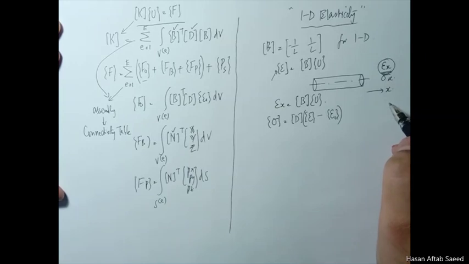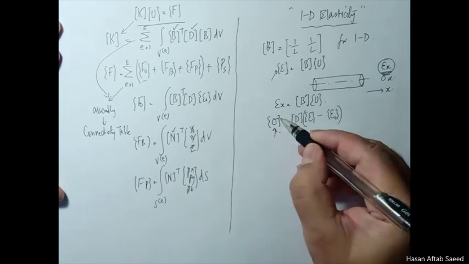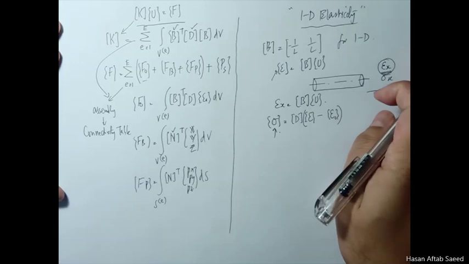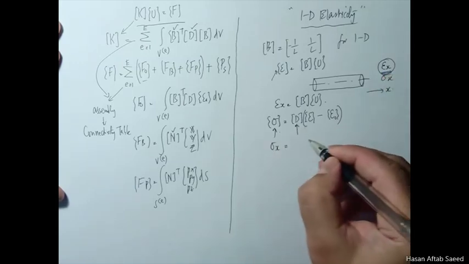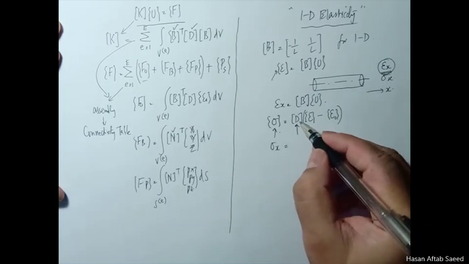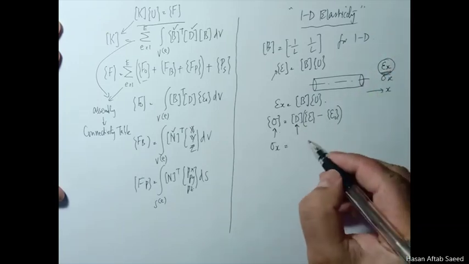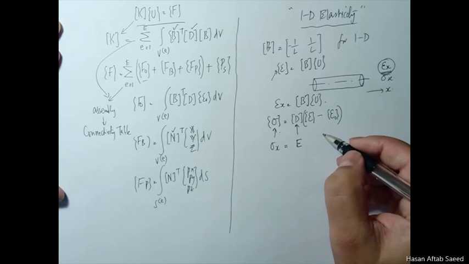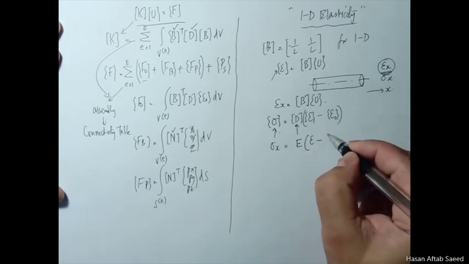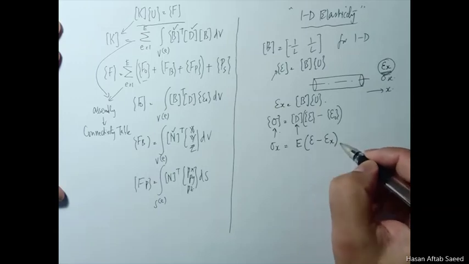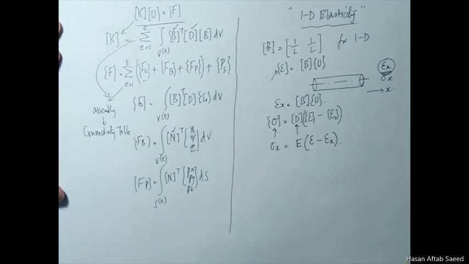But here again, there's no need for these parentheses. This is not a vector at all. Here it is just a number, epsilon x. And for 1D problems, you don't need a matrix of elastic constants. Just one number will suffice. Similarly, these two are also simply numbers. There are no components in any of these quantities.